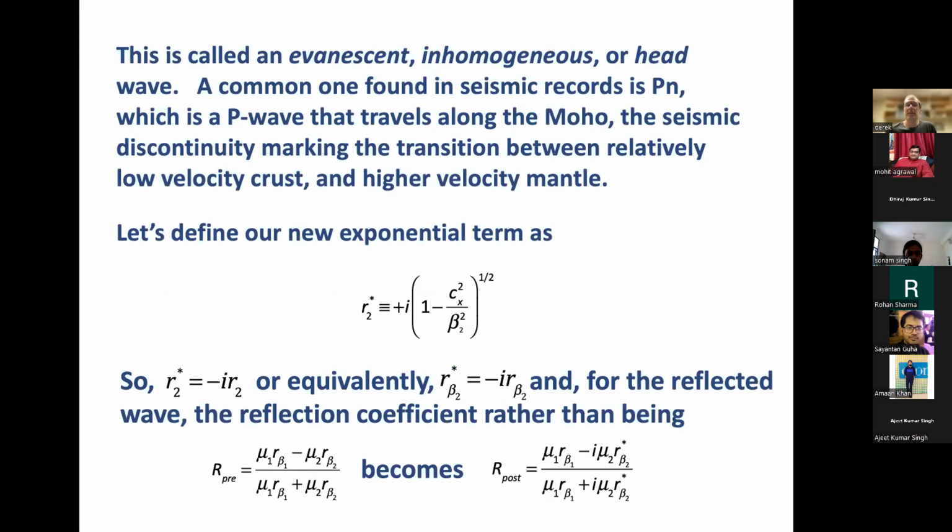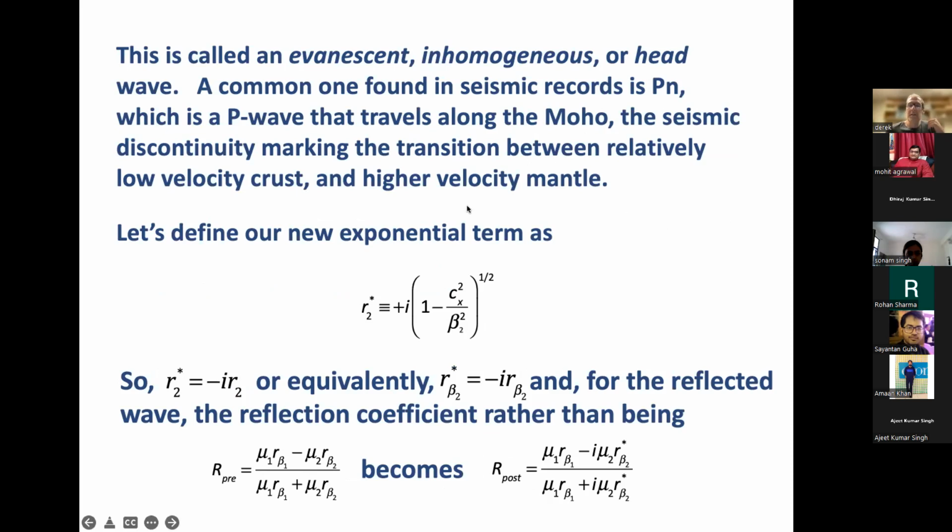So this is called an evanescent inhomogeneous or head wave. A common one found in seismic records and something I use in my own research is Pn, which is a P wave that travels along the Moho, which is a seismic discontinuity marking the transition between the relatively low velocity crust and higher velocity mantle.